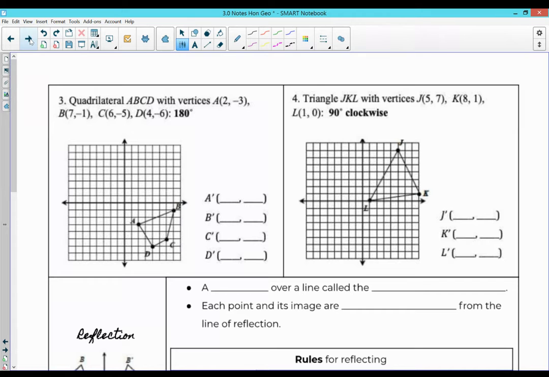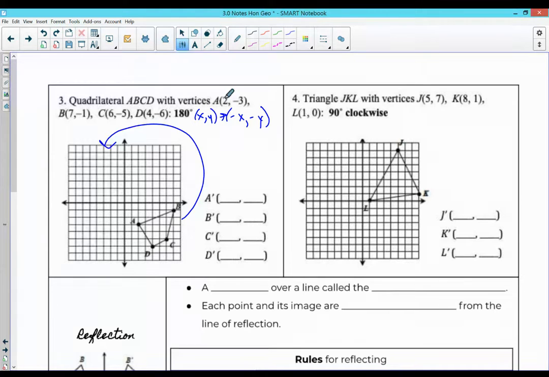Now I have this quadrilateral that I'm rotating 180 degrees. I know my rule for that: (x, y) becomes (-x, -y). Whether clockwise or counterclockwise doesn't matter. I should be in the second quadrant with -x and positive y values.